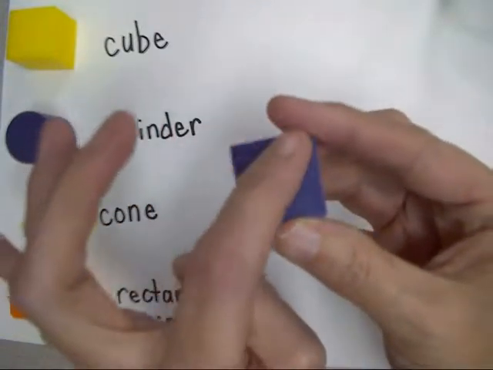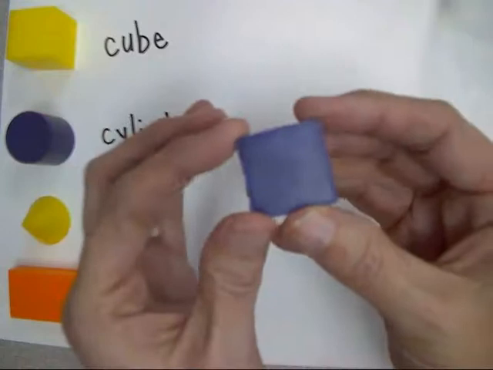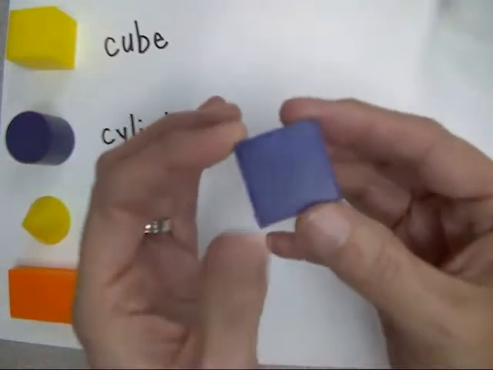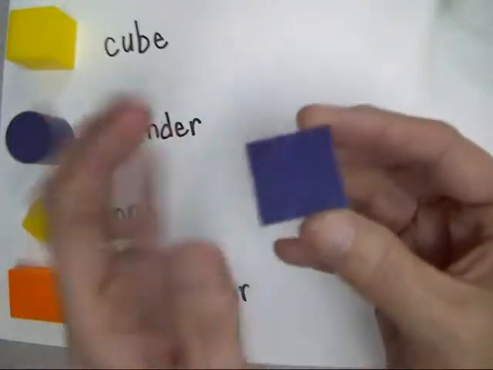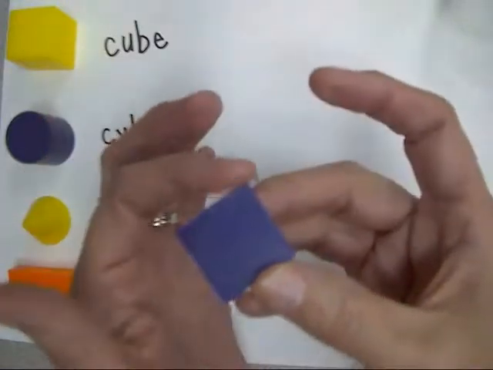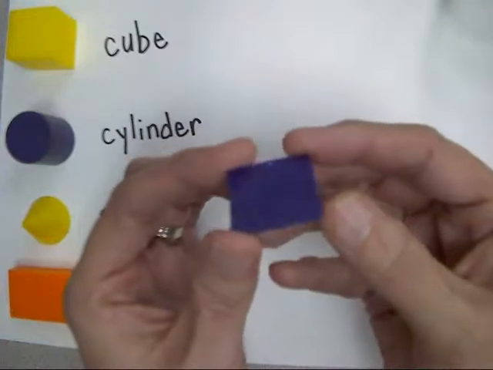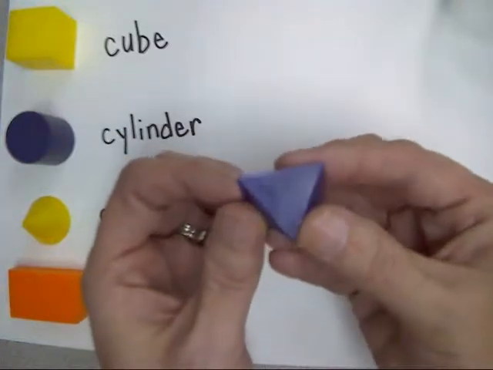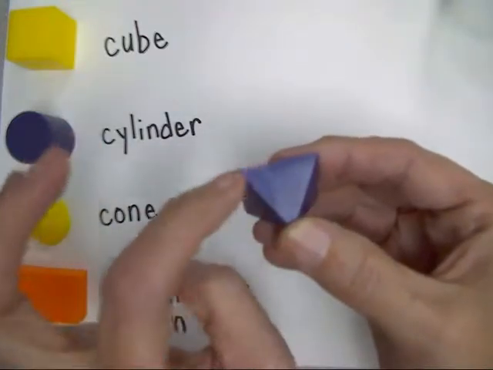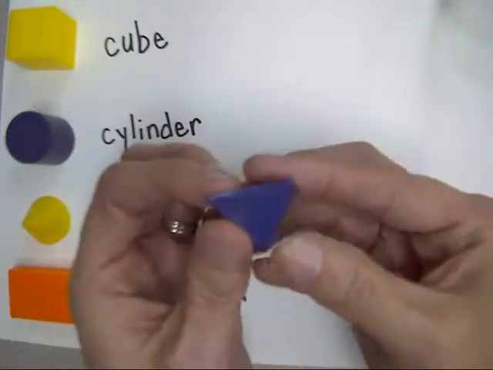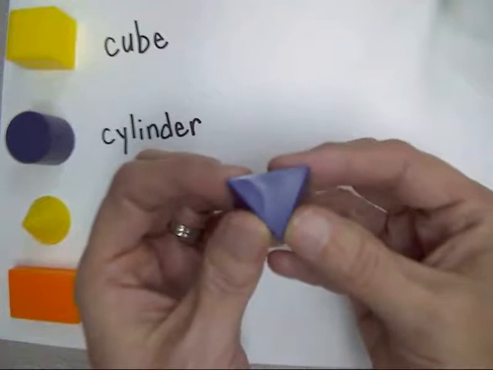This face is a square because it has 4 sides that are the same length and 4 vertices or corners. But let's look at the other side. What is this shape? That's right, it's a triangle.